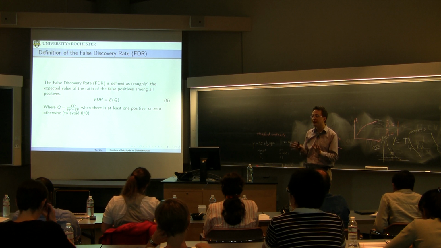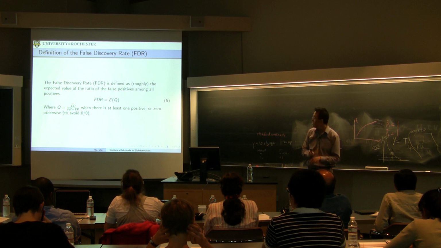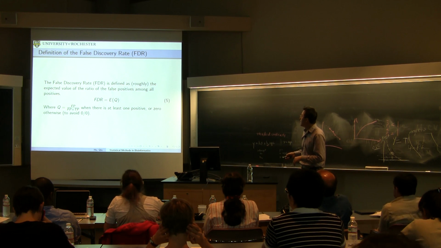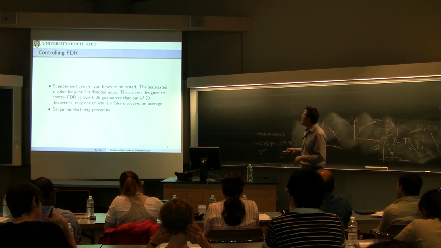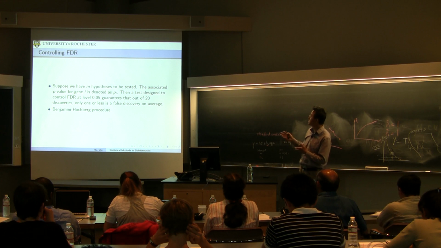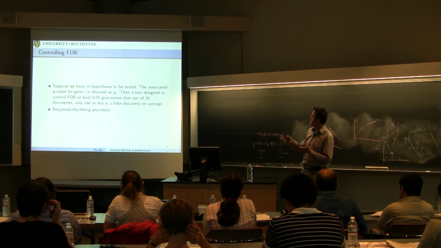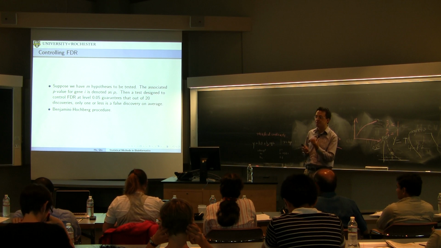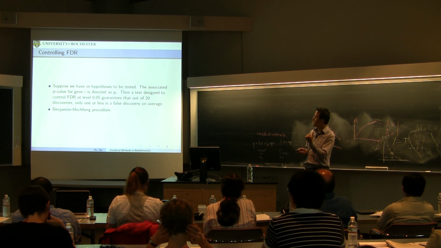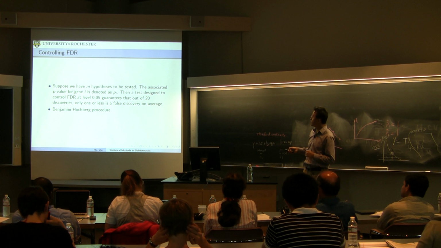Of course, you don't know which 5, but you know the proportion of mistakes you have. Okay, so this is the most common way to control the FDR, the Benjamini-Hochberg procedure. As I said, at 0.05, you have 5% false positives in your final list.